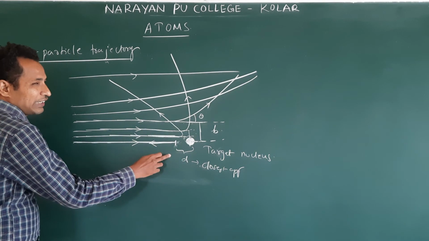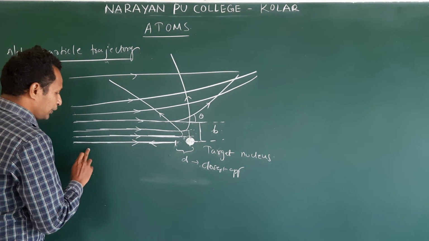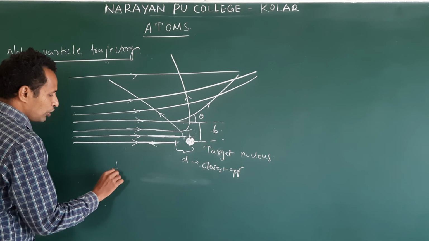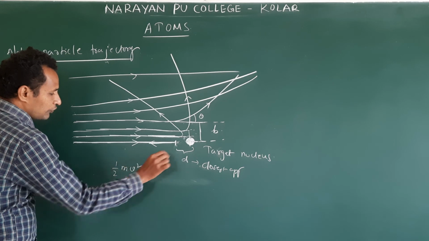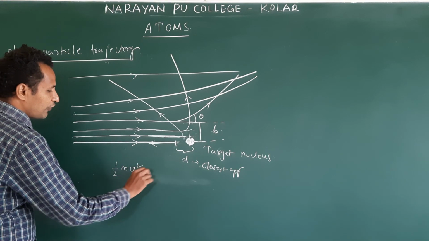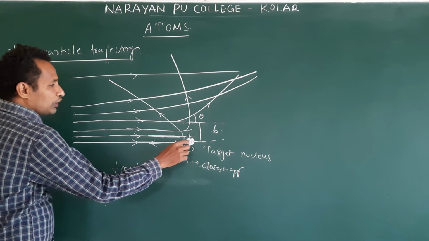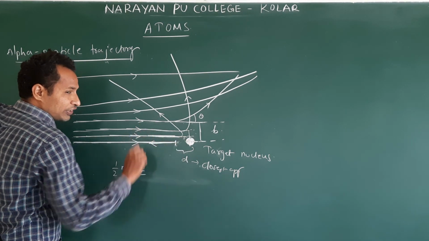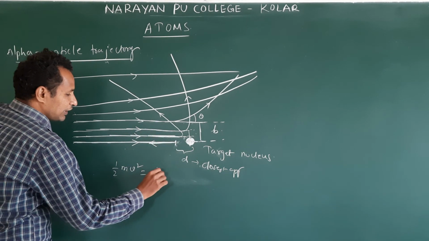We will follow electrostatics again. Before it reaches this point, which energy is there? Kinetic energy, half mv squared. When it turns back, the kinetic energy is converted to electrostatic potential energy.